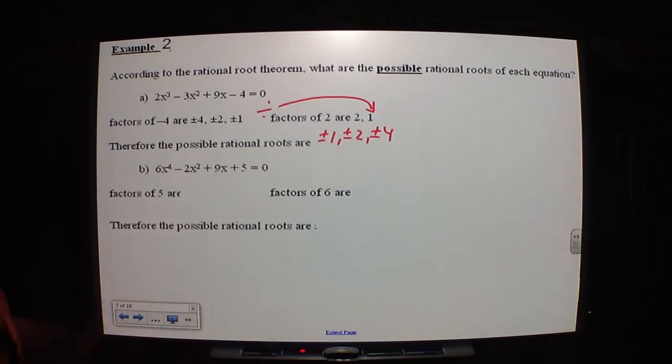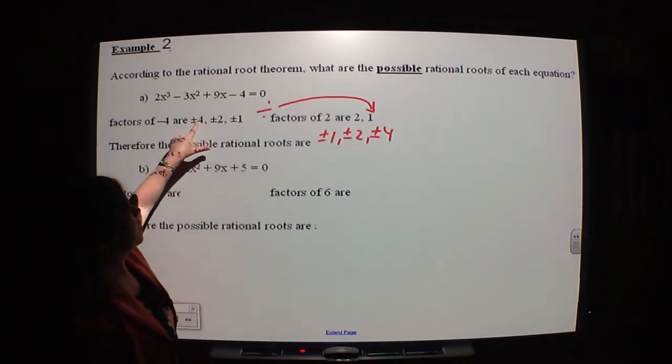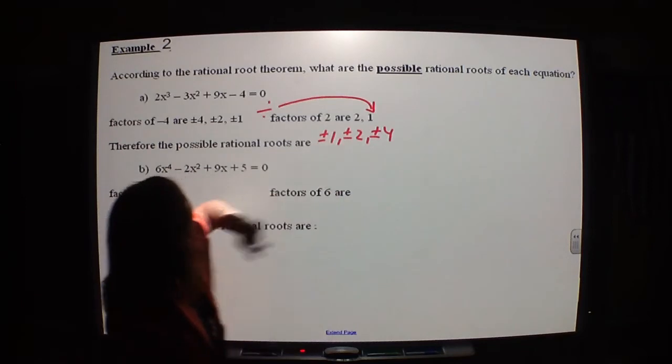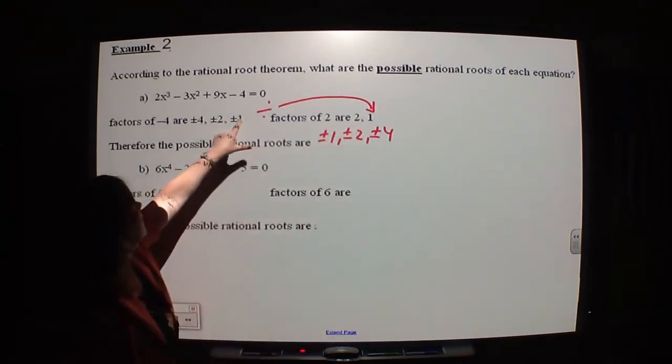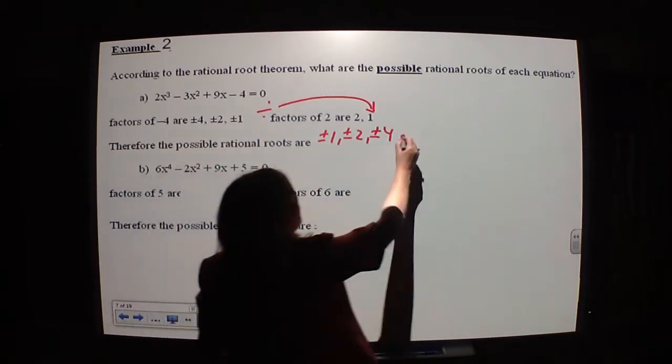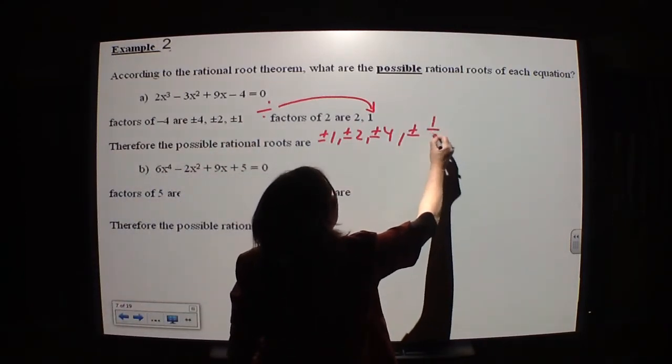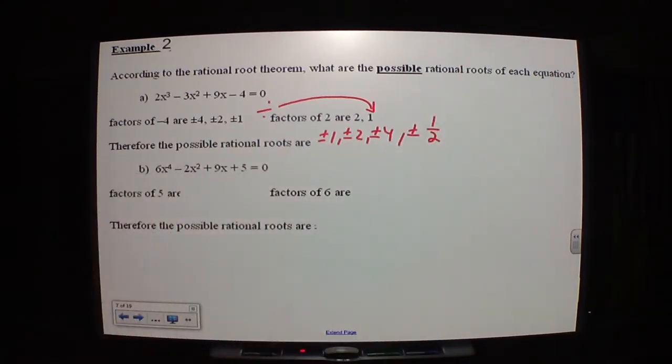Now, if I do that divided by 2, plus or minus 4 divided by 2 gives me 2. I already have it. Plus or minus 2 divided by 2 gives me 1. I already have it. Plus or minus 1 divided by 2, that's the only one I don't have. So plus or minus 1/2. So plus or minus 1, plus or minus 2, plus or minus 4, plus or minus 1/2. Those are the possible rational roots.